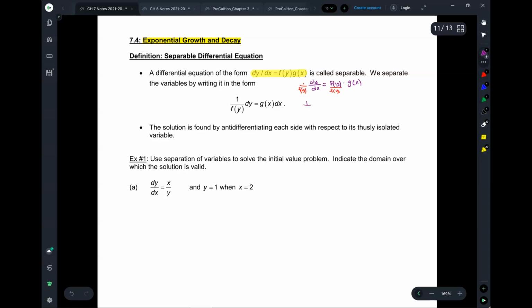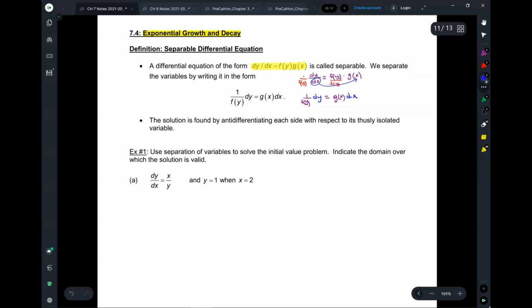So you get 1 over f of y, and then is equal to just g of x over there. But what you could also do is bring the dx over to that side. So here you just have dy equals dx. So what you've done now is you have separated all of the y's on one side, everything with the x's on the other side. This is why this is called a separable equation. And what we've done is called separation of variables.